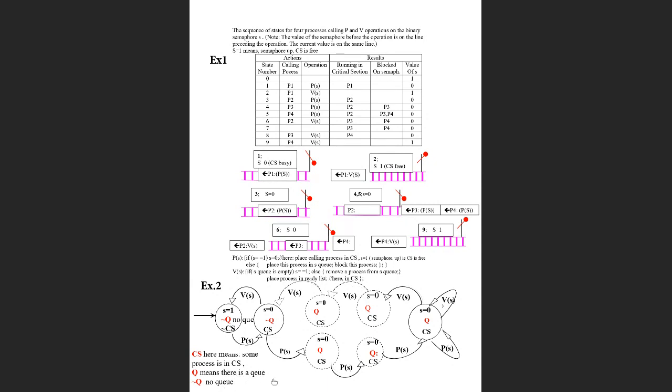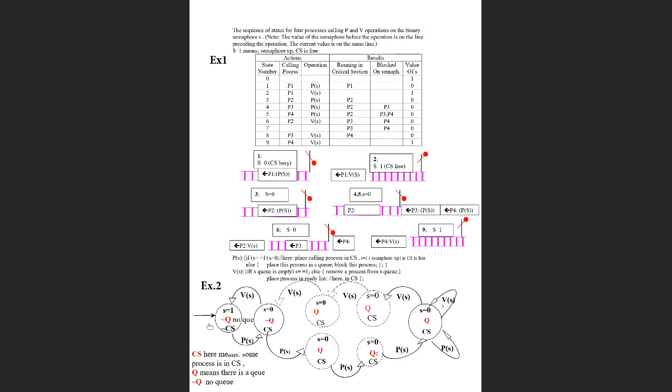So when we start up, before any process comes to critical section, the semaphore is open, therefore the starting state contains the semaphore equals 1. There is no Q yet, and there is no process in the critical section.